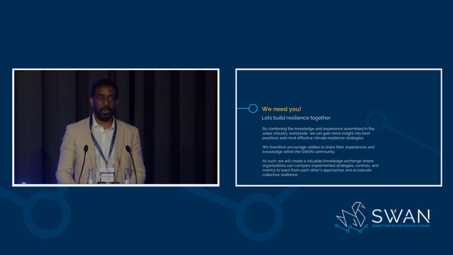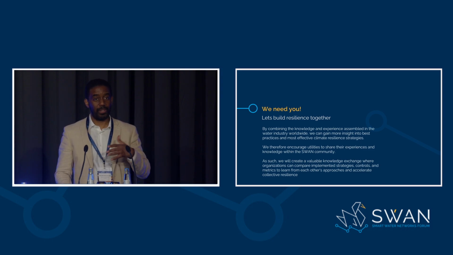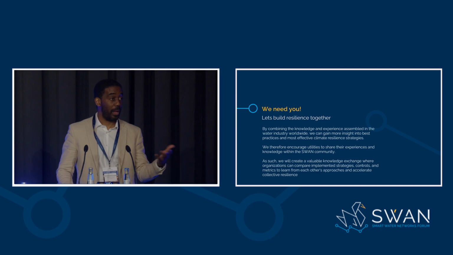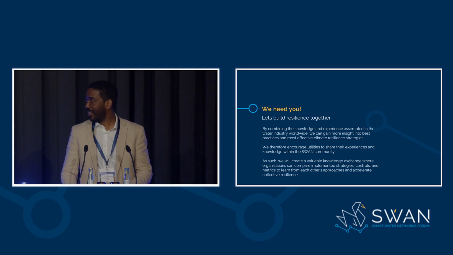I think, and that is the way we have been talking in the team, we need the help of the utilities involved in SWAN to improve this idea, to check what works better in practice, considering resilience, and considering how they manage their plans in order to be able to deliver water even in difficult conditions. And I think if we check all the people involved in SWAN, we can get a very good approach on how to deal with this kind of climate change in the near future for European utilities.